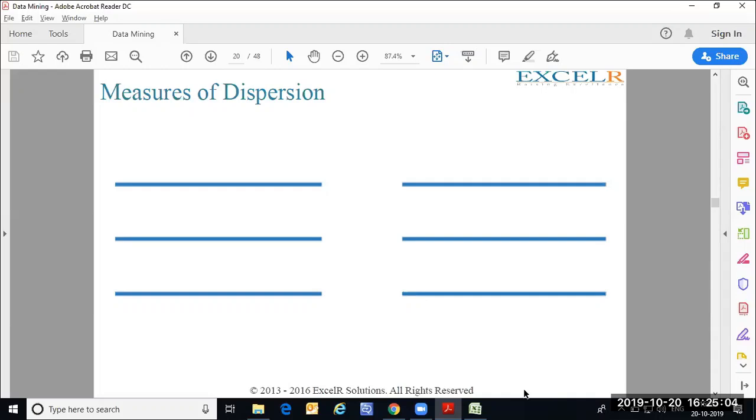That's where we're going to learn about the measures of dispersion. You can also call this measures of dispersion, measures of spread, measures of variance.